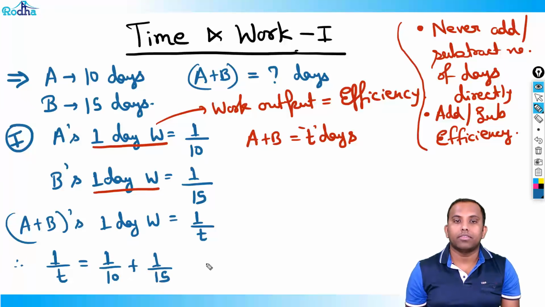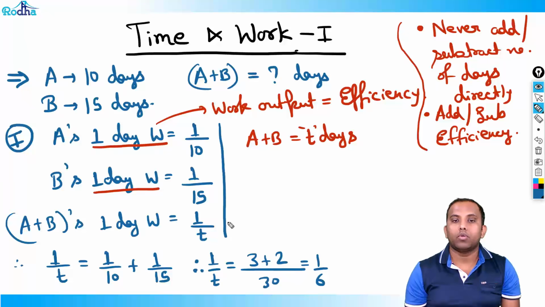We are adding efficiency, right? If you solve here, take the LCM. You'll get LCM as 30, 3 plus 2. Sorry, not T equal to, I should write 1 by T equal to 1 by 6. If 1 by T equal to 1 by 6, that basically means T is equal to 6. So they can complete the work in 6 days.